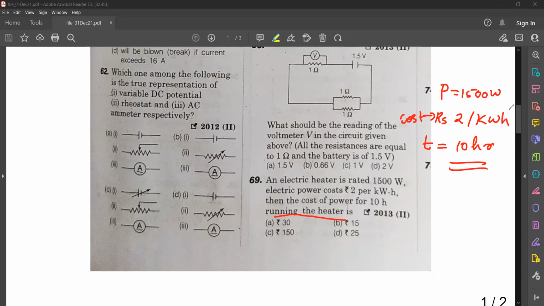So see, you have to be careful. Here the rate is given for kilowatt hour, so you have to convert this into kilowatt hour. Then only you can find the cost. So all of you try that.